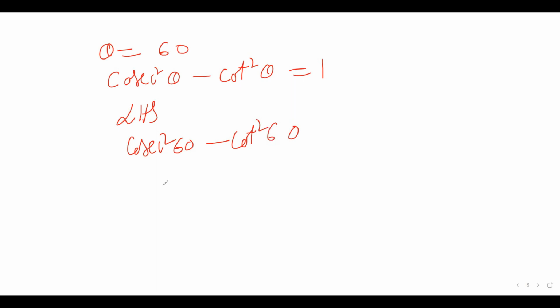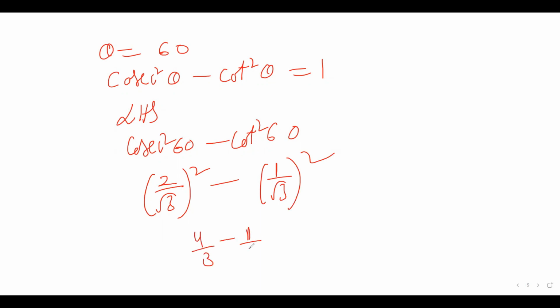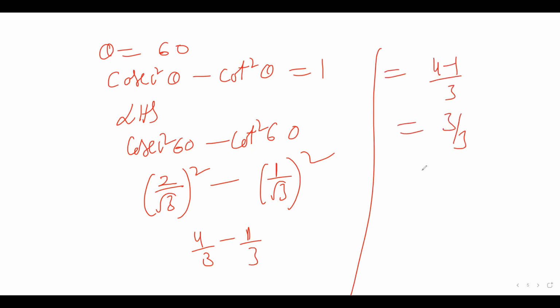Cosecant 60 is 2 by root 3. 2 by root 3 whole square. Cot 60 is 1 by root 3 whole square. So 4 by 3 minus 1 by 3, which is nothing but 4 minus 1 by 3, which is 3 by 3, which is equal to 1. We got our RHS. So no matter what theta is, cosecant square theta minus cot square theta is always equal to 1. So third proof is also given.